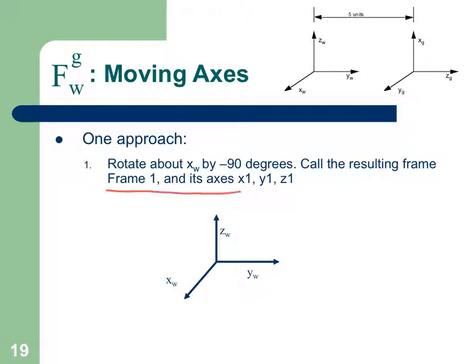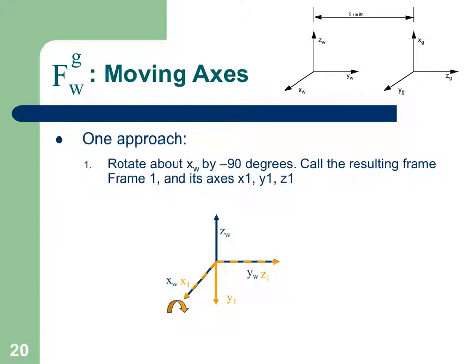And I'll call its individual axes x1, y1, and z1, just so we can see what's going on. If you use your right-hand rule to figure out which way is positive rotation, you'll see that we want to rotate about the x_w axis sort of in this direction, right? Because I said I want to do -90 degrees, so I need to do a negative rotation, right? And that's going to bring the z-axis down, the y-axis, the z-axis is going to end up pointing to the right, the y-axis is going to end up pointing down. But remember, we're grabbing it here to do that rotation, so the x-axis is just going to stay where it was.